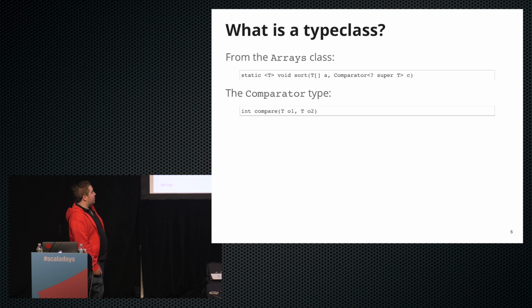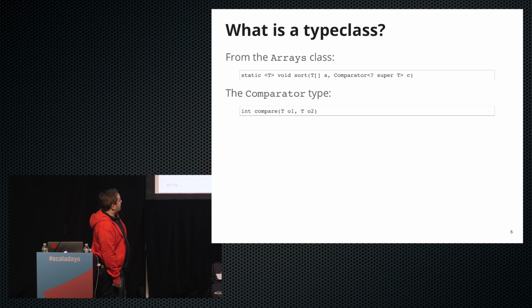There's nothing particularly Java specific here, but I just want to show the relationship between the two. So if we look at the Arrays class in Java, it's got this static method on it here. All we're saying here is we've got this method called sort. It's generic, parameterized on T. It takes an array of T's and something called a comparator, which is parameterized on T. And you can imagine what this does is it sorts an array.